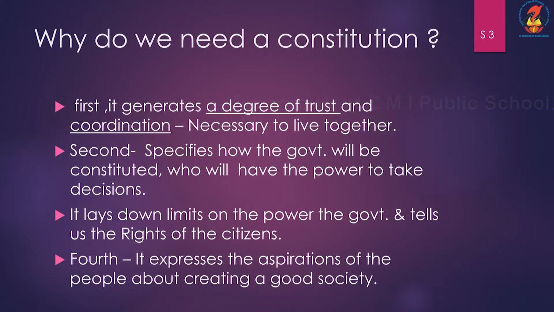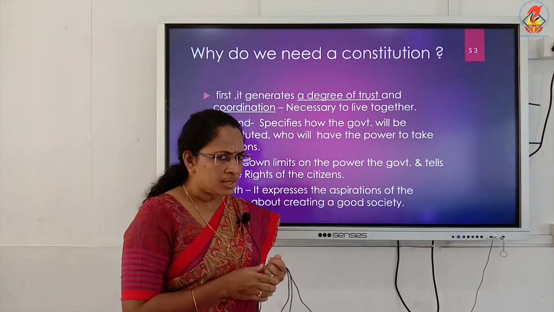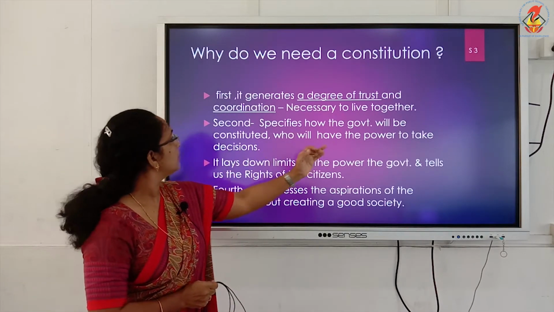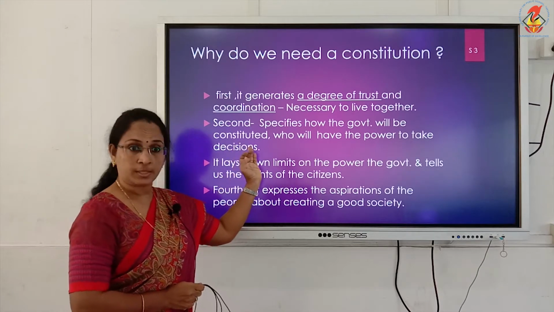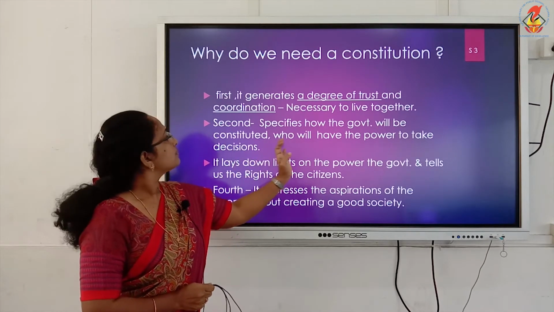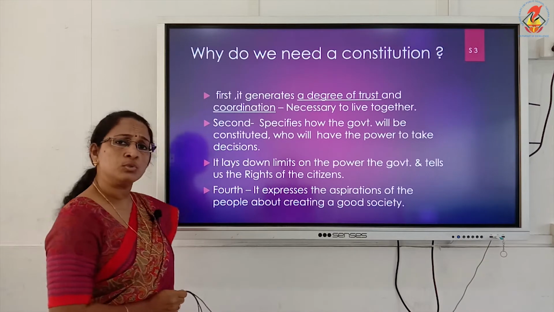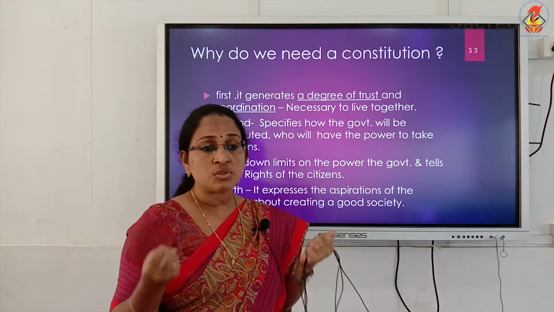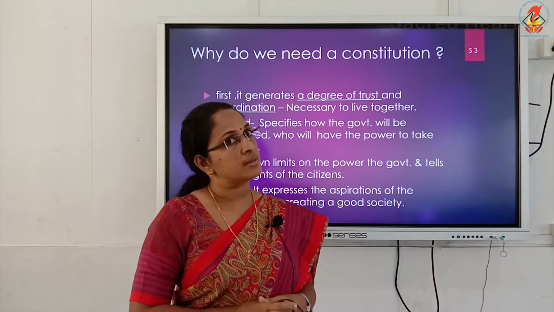Move on to the second point. Secondly, it specifies how the government will be constituted and who will have the power to take decisions. That means the basic structure and organs of government is mentioned here.